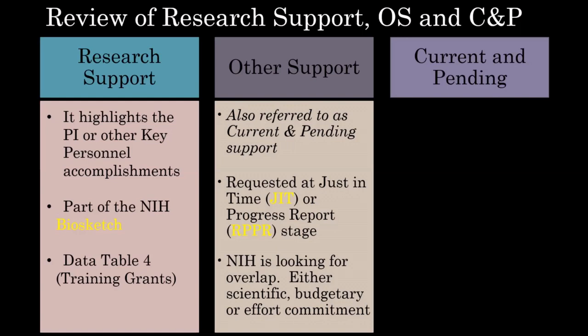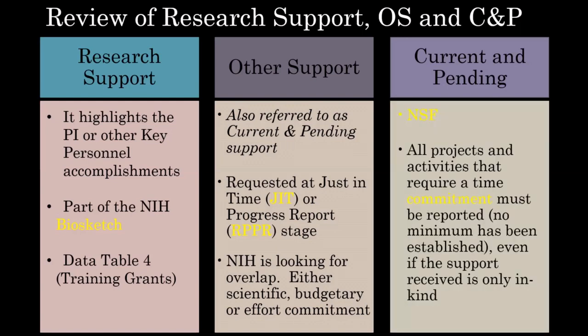Or at the RPPR progress report time, you might have to also include an other support document there. So remember, the key objective for other support is NIH always wants to look for overlap, whether it's scientific, budgetary, or effort, but they're always looking. That's kind of the end game for them.